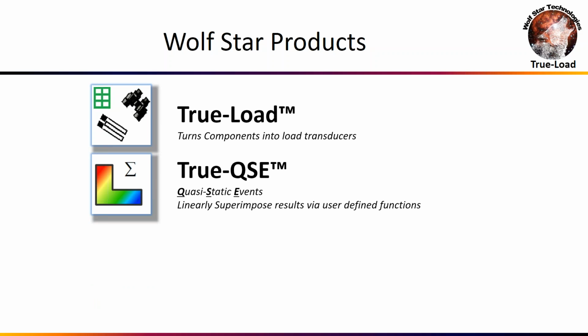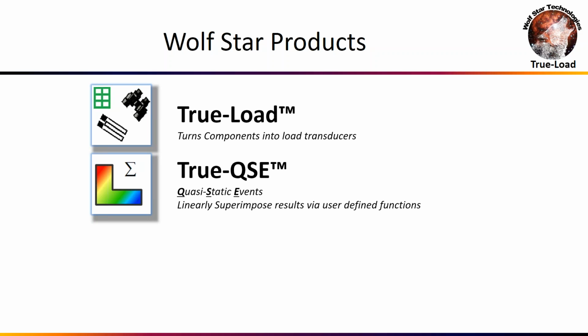This is also partnered with a software called TrueQSE. TrueQSE stands for quasi-static events. TrueQSE quite simply takes results from your FEA model and allows you to linearly superimpose them via user-defined functions. That's a straightforward approach, and it's a very handy tool when you need to make some complex load cases.